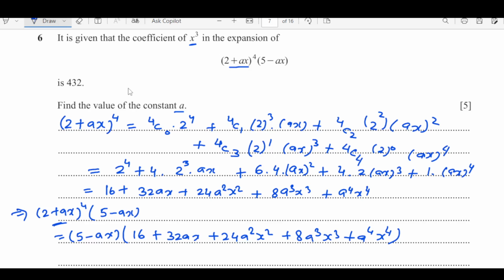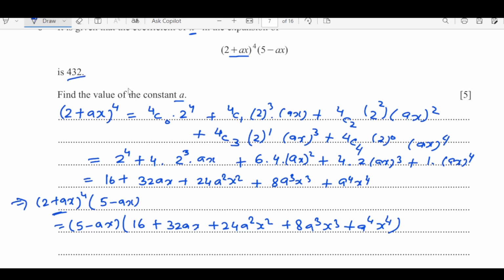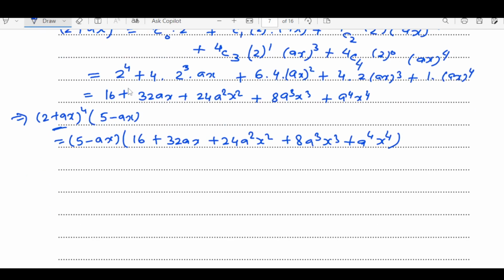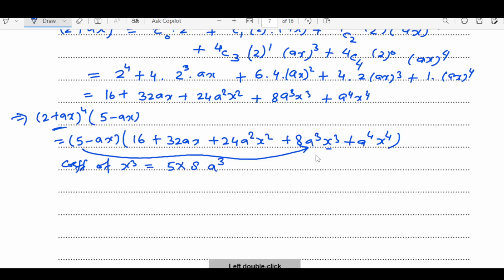We are given the coefficient of x cubed is 432. So, let us see where we can get x cubed. Here, 5 is going to multiply all of them. If you multiply 5 and 8a cubed x cubed, you are going to get a coefficient of x cubed, so the coefficient is 5 times 8a cubed. We will not write x cubed because we are writing the coefficient.